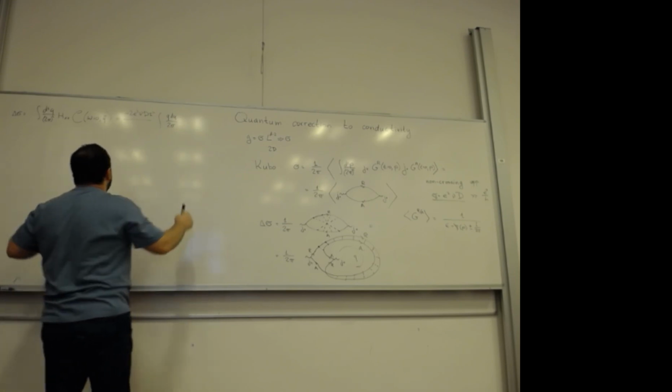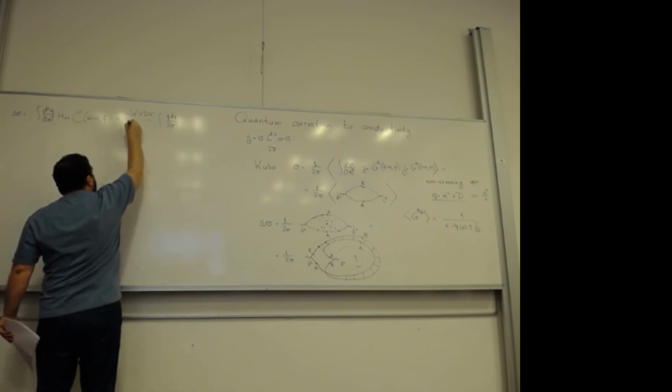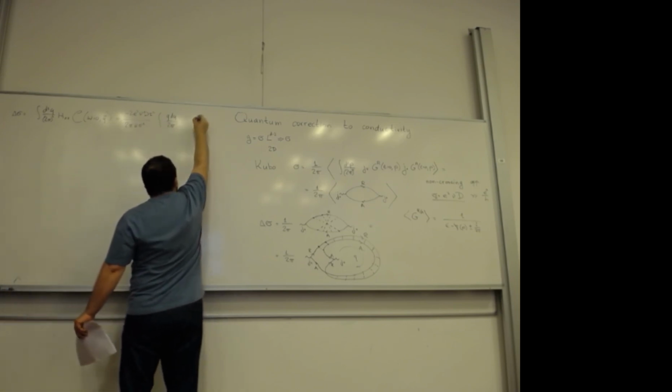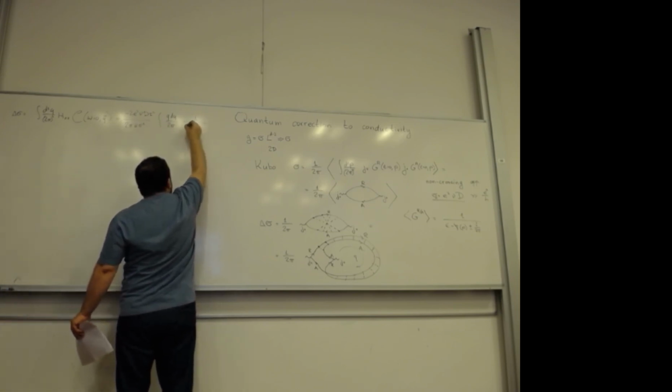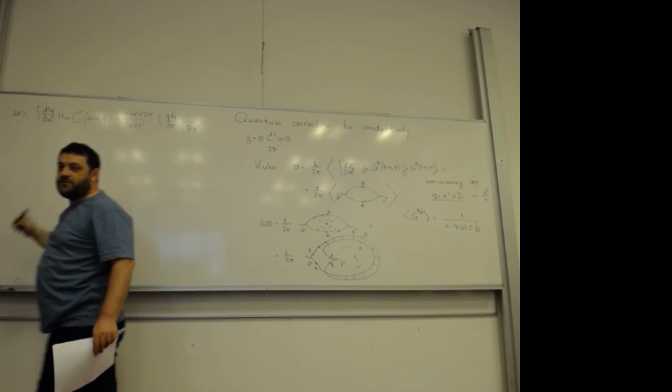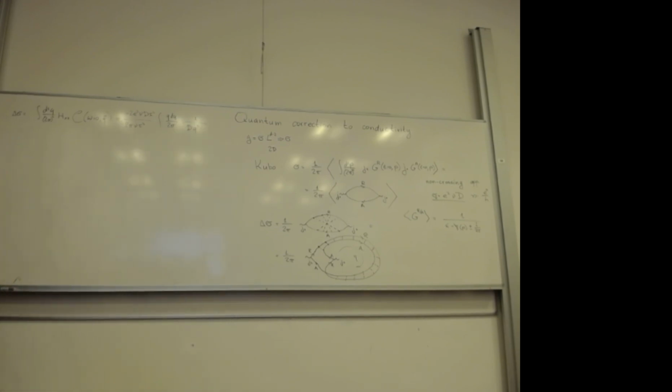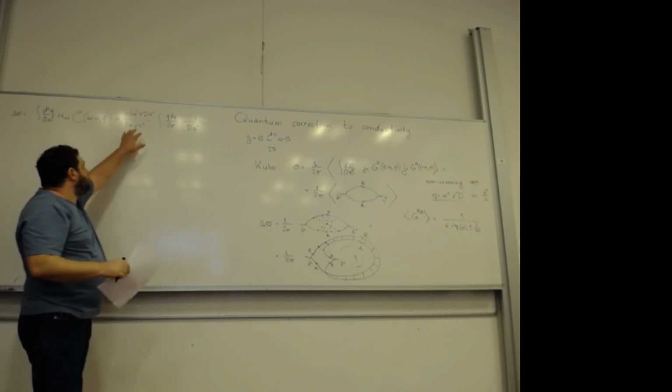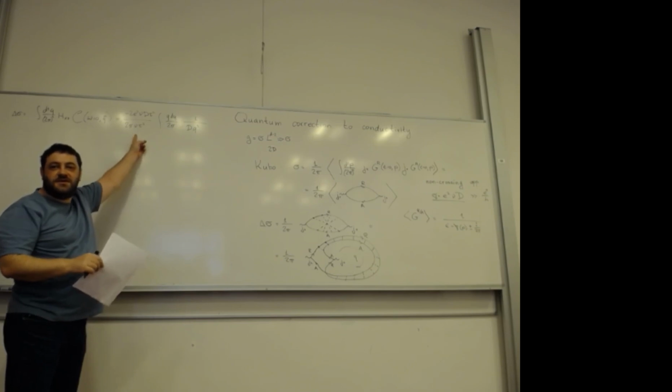And then the Cooperon has 2 pi mu tau squared, which is q independent, and here we have 1 over d q squared minus i omega, but omega is 0. So this is the full expression, and you see many terms that cancel out.